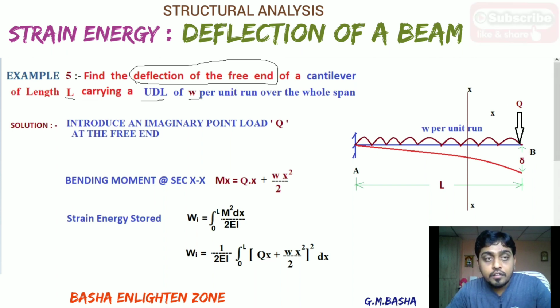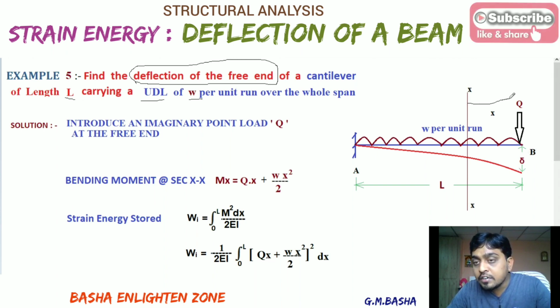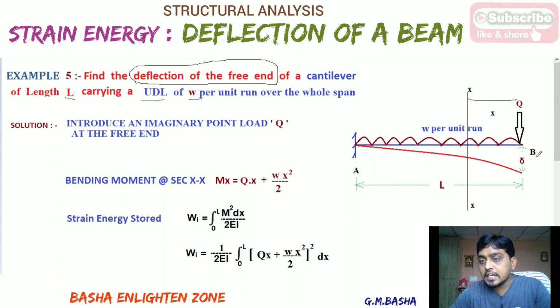So this is the distance of X from B, means here I am considering a section XX at a distance of X from B, and up to this section I am resolving the moments.